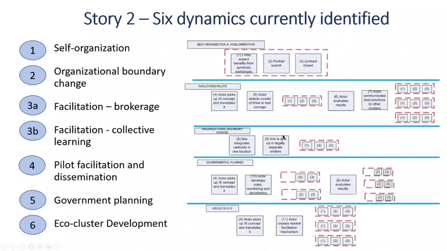At the top, you see self-organization. That's our first dynamic. But other dynamics are mapped differently. So you see on the right that we've tried to map these in our kind of code of what are the steps of these six dynamics: the facilitation, the government planning model, not a self-organization like Kalundborg, but planning from the top, as we've seen with a lot of the Chinese parks.